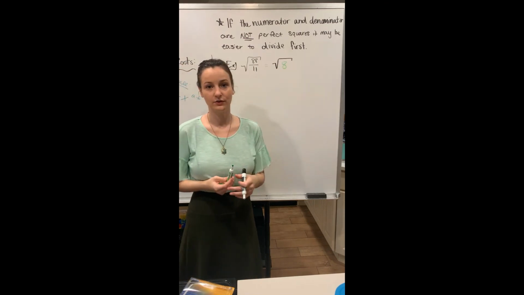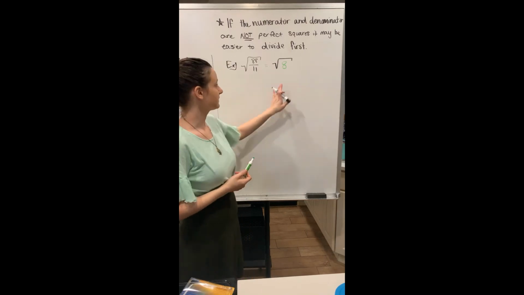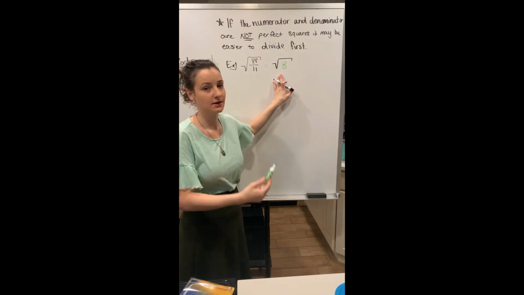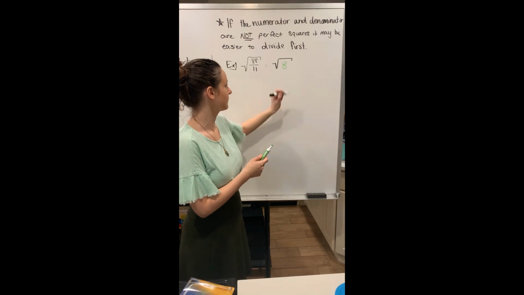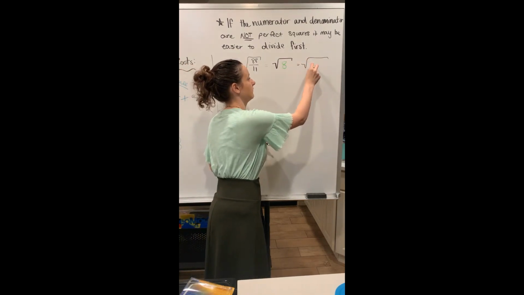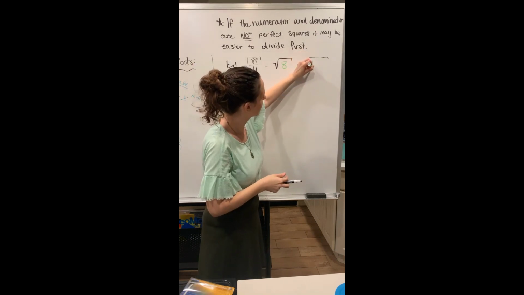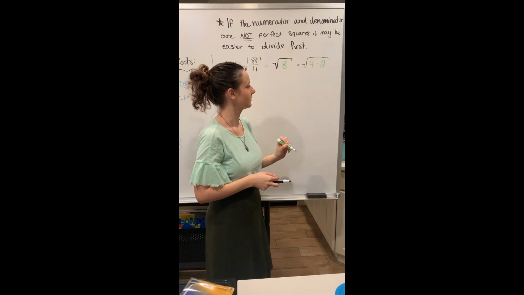And 8, from our earlier examples, we can factor into a perfect square times another number. So that perfect square that we're going to have here is going to be the square root of 4 times the square root of 2.